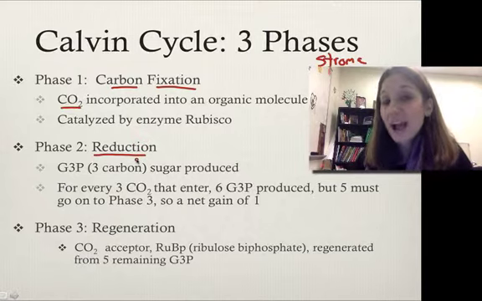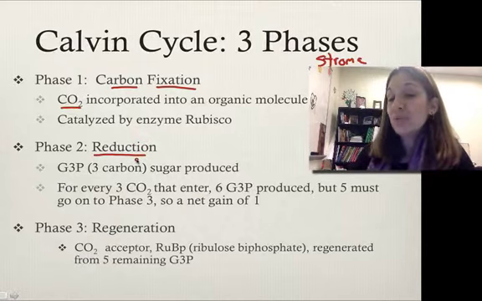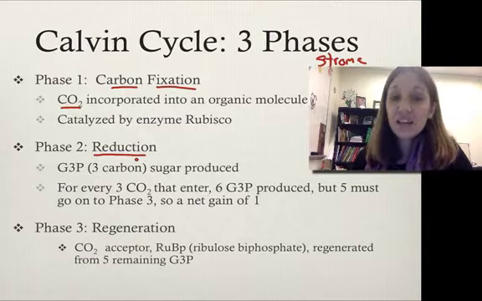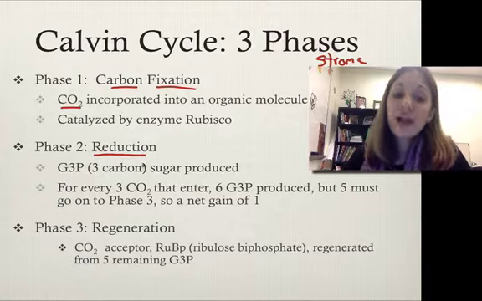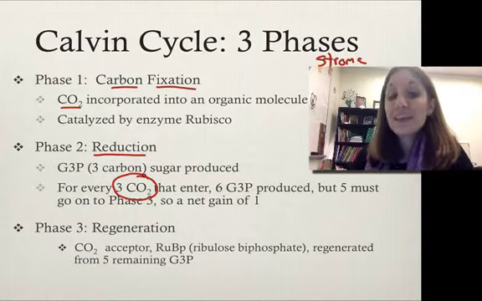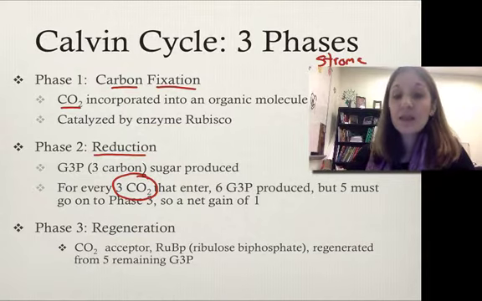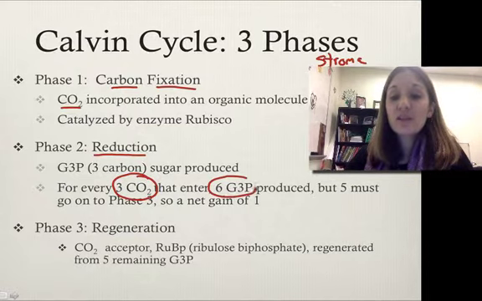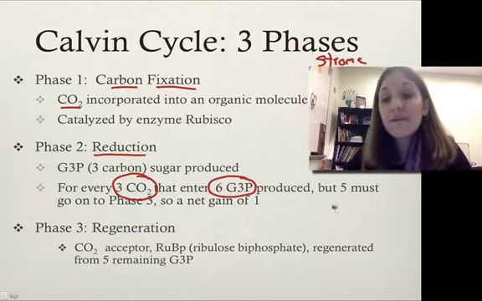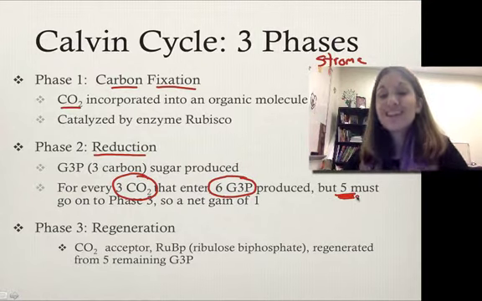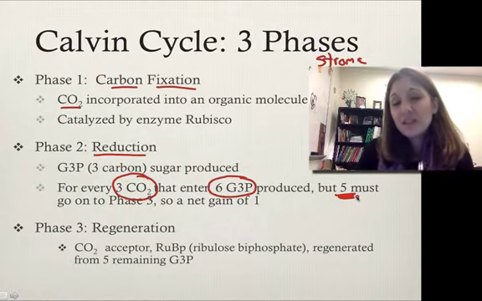In reduction, we're actually going to produce the sugar. It's that G3P sugar, which is the intermediate before we actually can manufacture glucose and other sugars. For every 3 CO2 molecules that go into the Calvin cycle, 6 G3P are produced, but 5 of those get recycled and go on to phase 3.